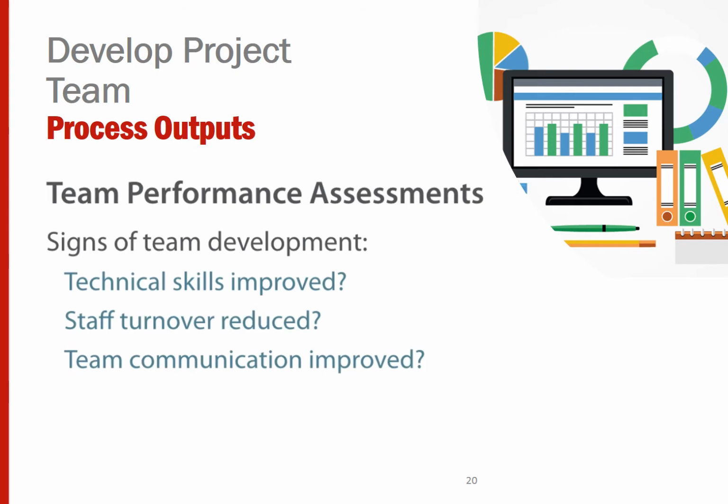If there's a lot of attrition happening, that would indicate that the team is not doing well. The team is not a proper environment for people to be retained. Team communication improvement. If you feel that the team has improved its ability to communicate, that's a great sign as well. So all these things will indicate the direction that the team is leading to.